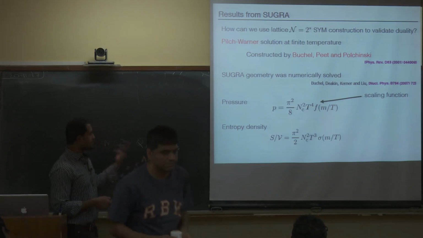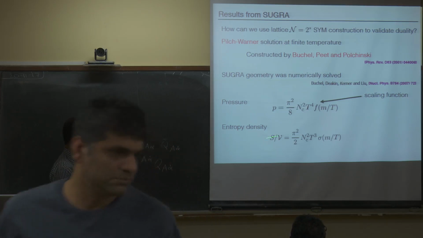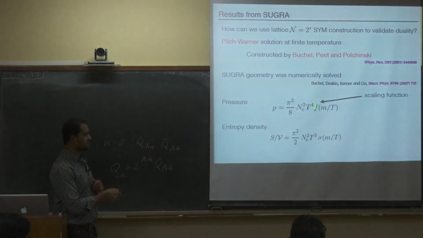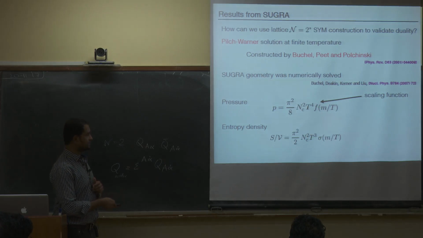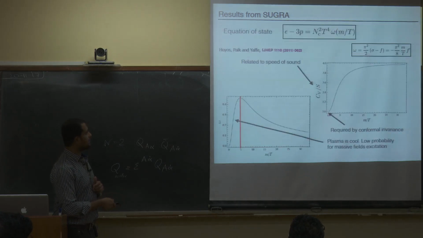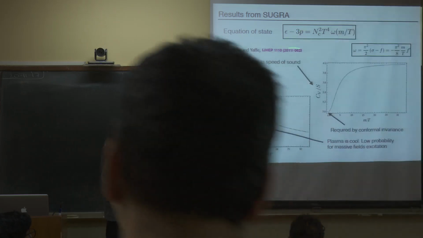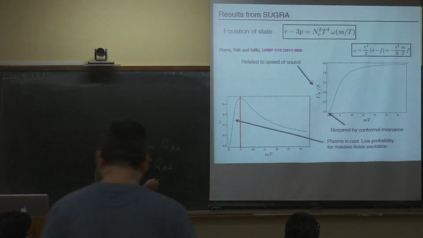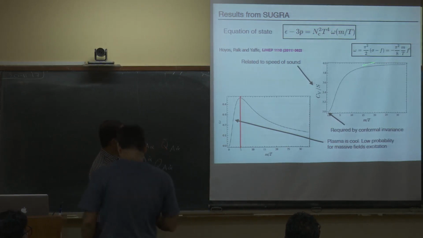So thermodynamic quantities, we can compute pressure, entropy, density. They have this power law behavior with temperature, T to the 4, T cubed, and there are some profile functions. These figures are taken from this paper. We can compute the equation of state, which should go like this with another profile function, omega, which is given by this.